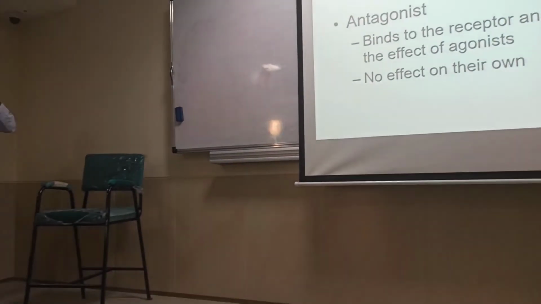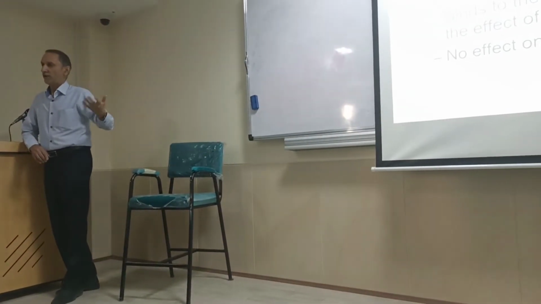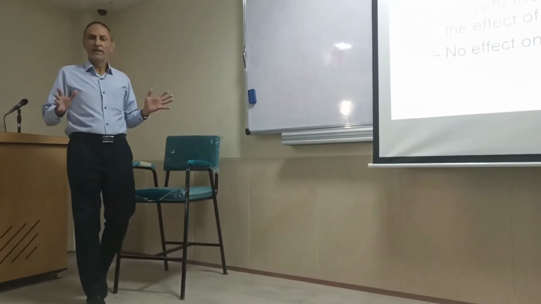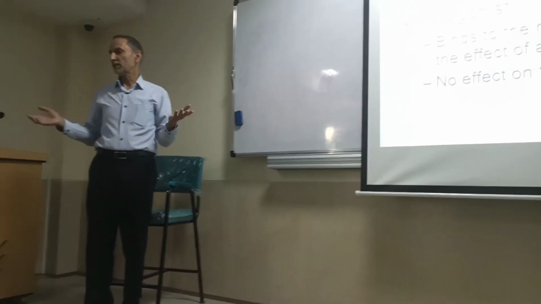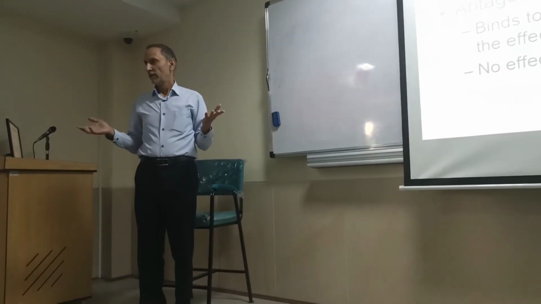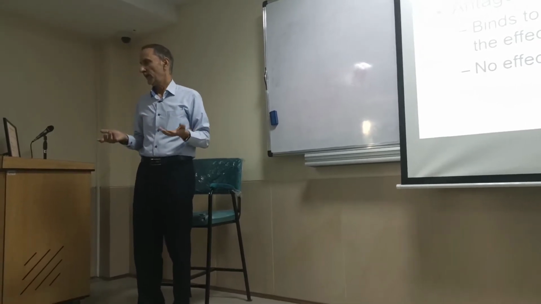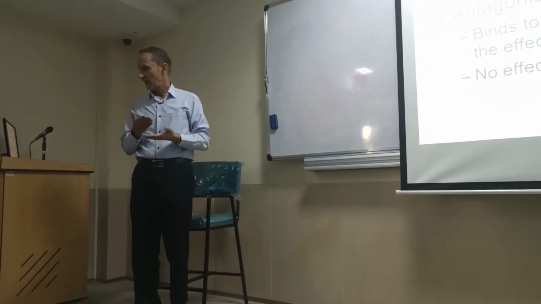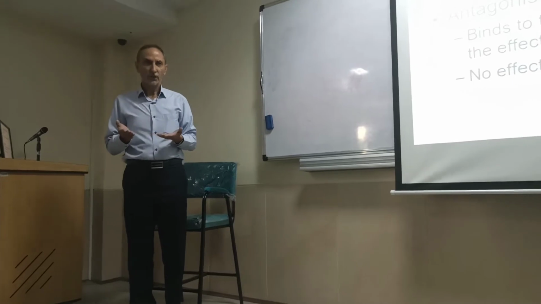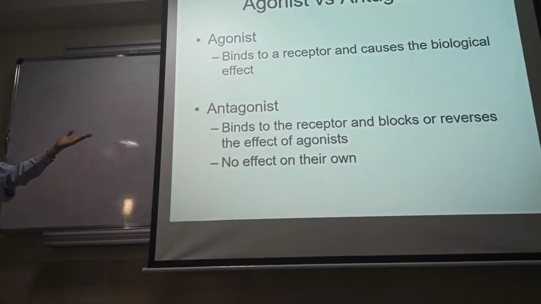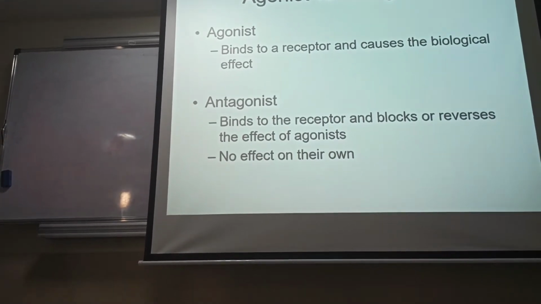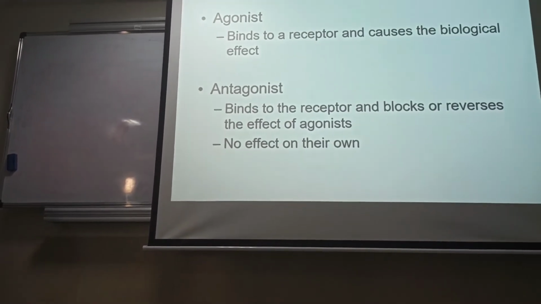They can prevent the action of agonists. Throughout the day and night, we have release of acetylcholine, even when we are asleep. And if we use an antagonist, it can prevent the action of acetylcholine.